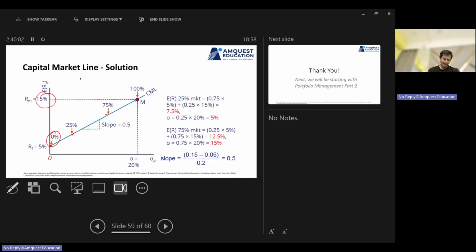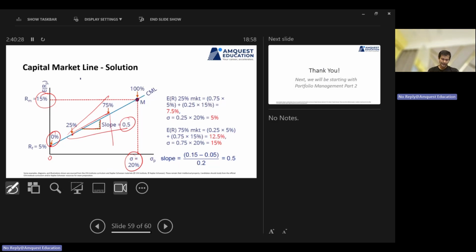The rate and the slope at which it's going up, like this, like this, is dependent on the beta, or in this case, the standard deviation. Clear? The rate of change. How to find the slope? You can look at it using the difference in the returns over the difference in risk. So you can find the rate of change of return.